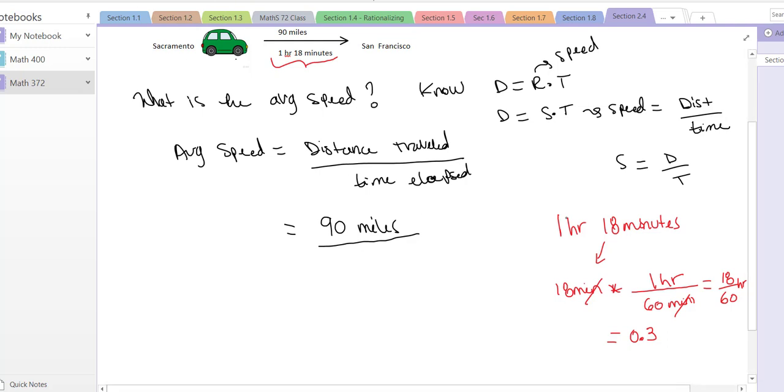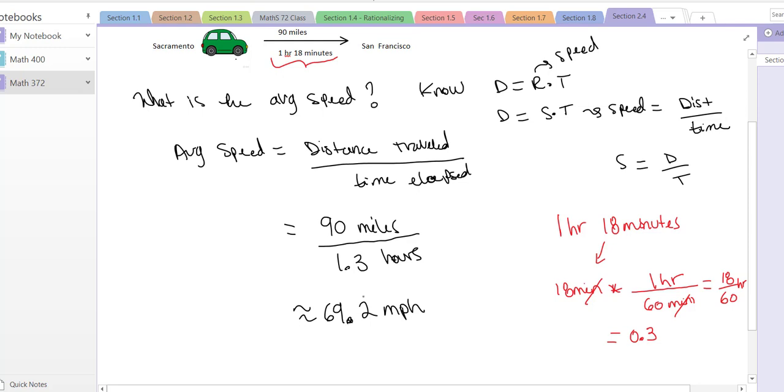So that means that 1 hour and 18 minutes is the same thing as saying 1.3 hours. And so putting this on our calculator, we get approximately 69.2 miles per hour. So this will be our average speed.